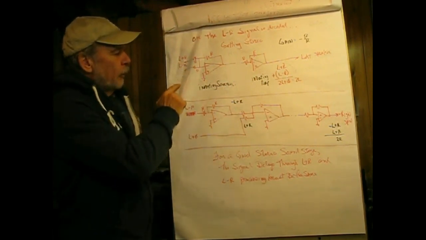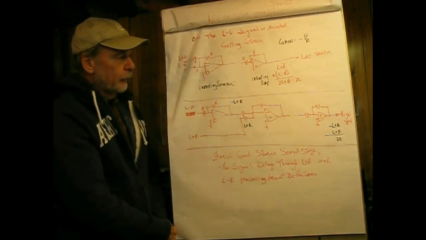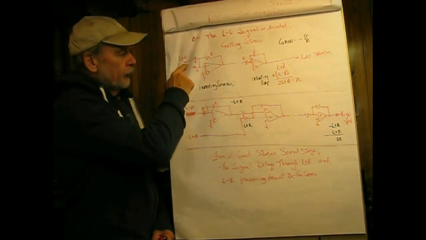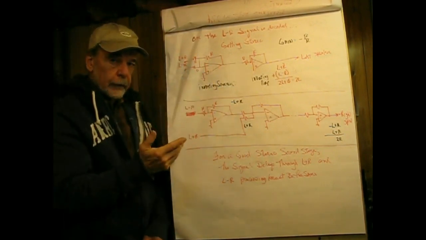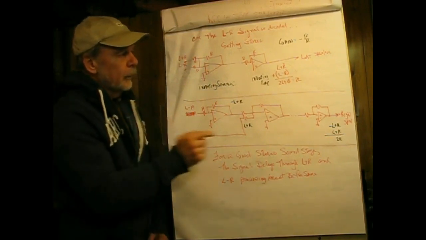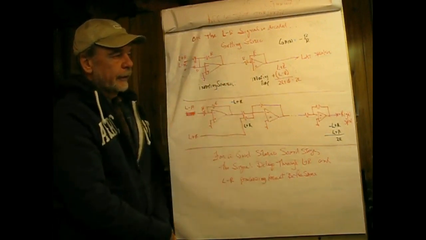Feeding into this we have L plus R and L minus R, and this here linearly adds them together. The gain of this stage here is -1. That's from either input to the output, so -1, and that just means the phase is going to be inverted by 180 degrees. And then the gain of this stage also is -1.